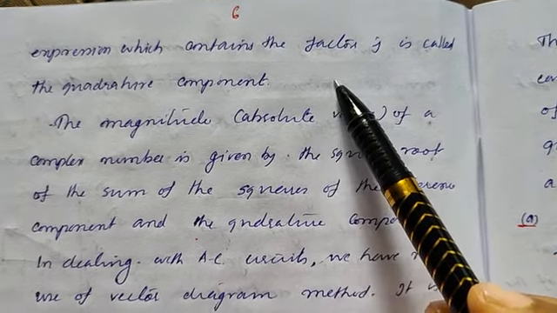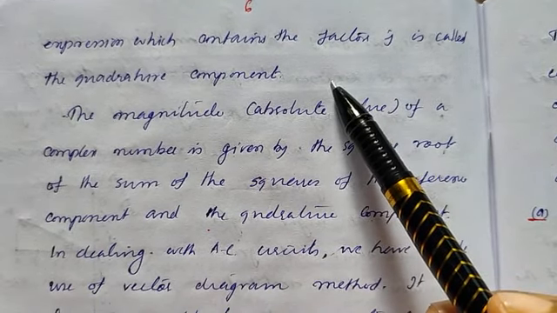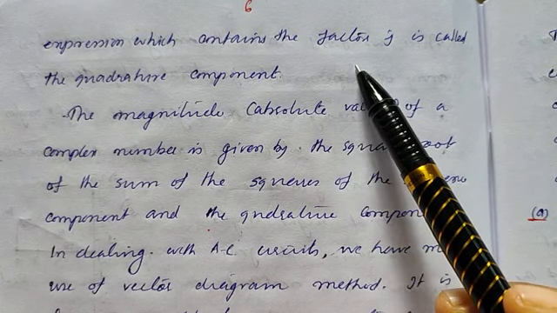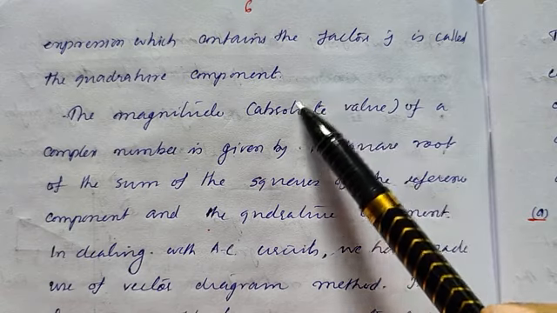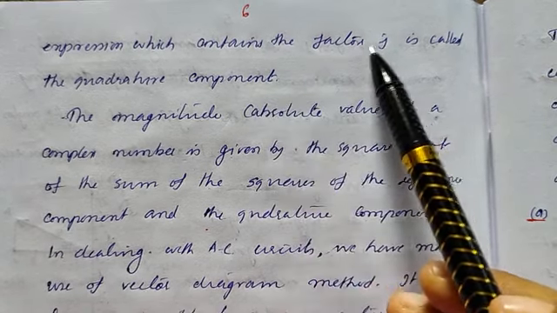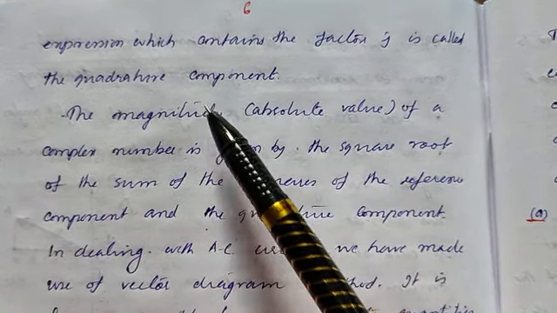So the number has two parts, real and imaginary. The part without j is the reference or phase component, and the part with the j factor is the quadrature component.